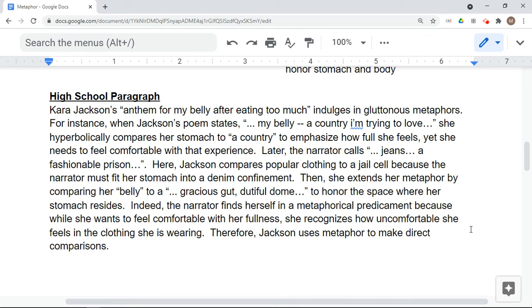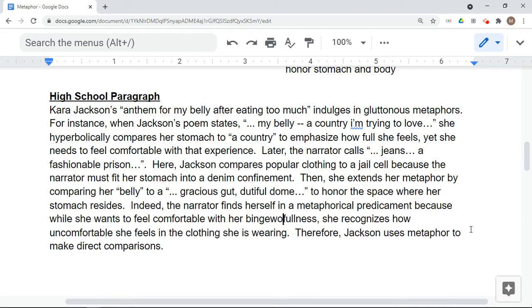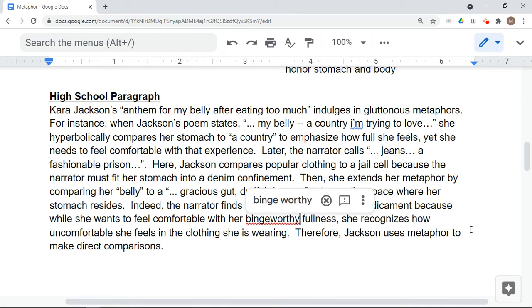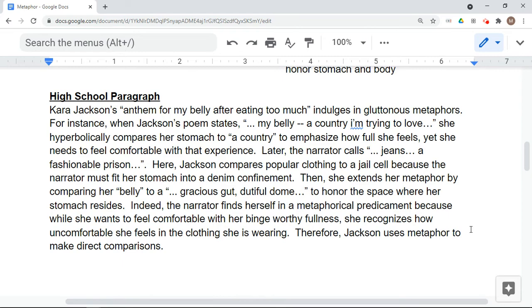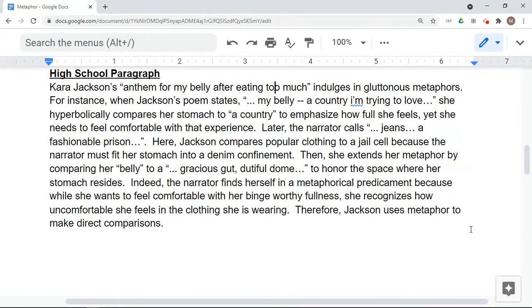Because while she wants to feel comfortable with her fullness, with her binge-worthy fullness. Ooh, I like that. Binge-worthy fullness, she recognizes how uncomfortable she feels in the clothing she's wearing.